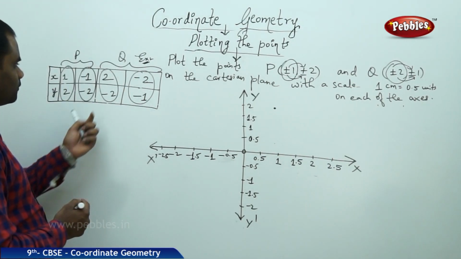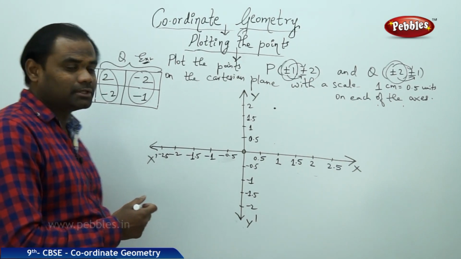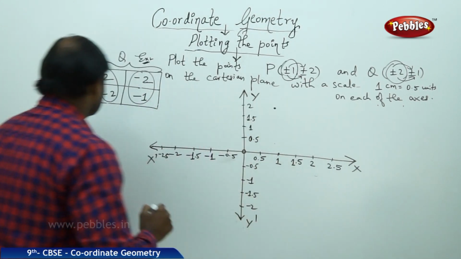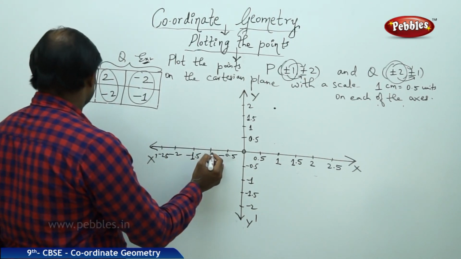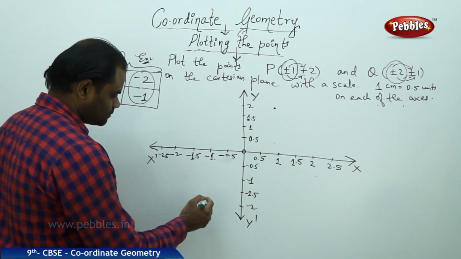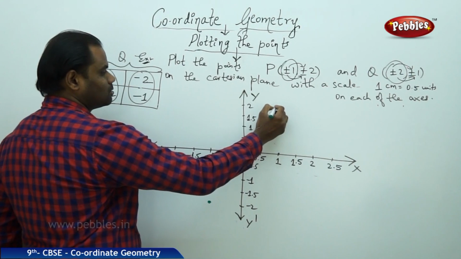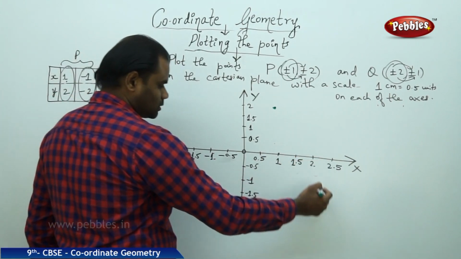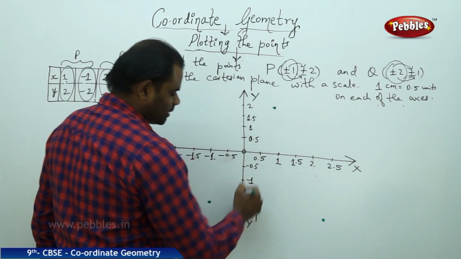So in this particular problem with this tabular form, we're going to plot the points each. Initially, my first point is 1, 2, where x is 1 and y is 2. And then coming to the second point, I have x, which is minus 1, and y, which is minus 2, which comes out here. Similarly, my third point, which is 2, 1, comes out here: 2 units right and 1 up.